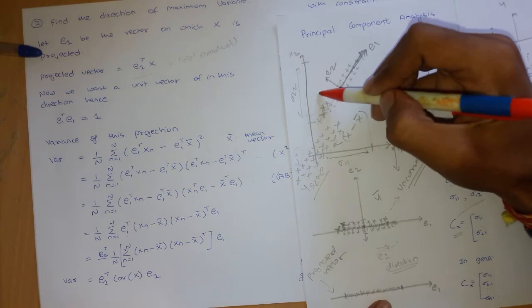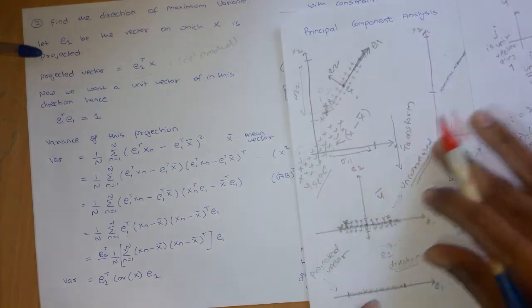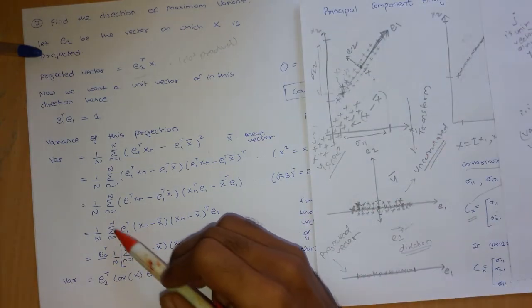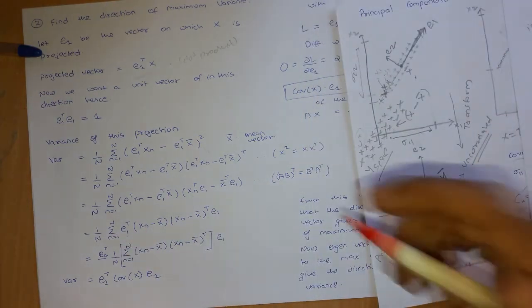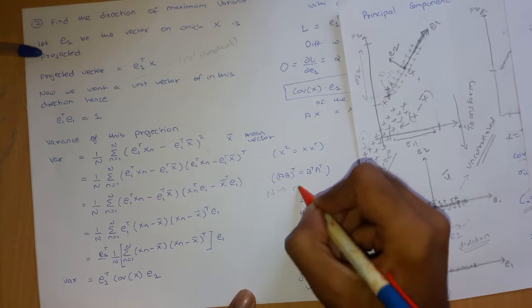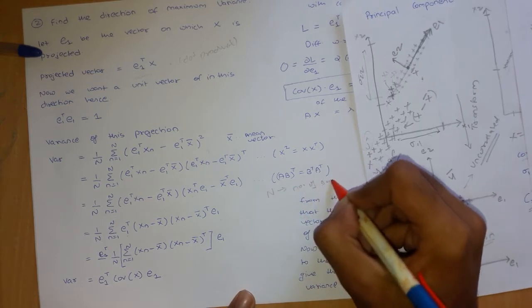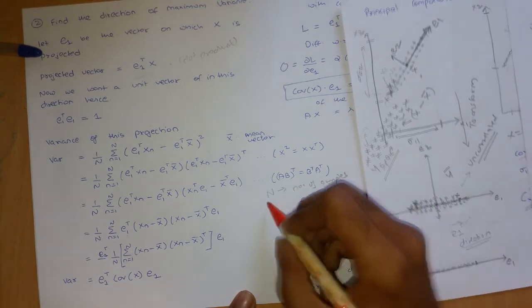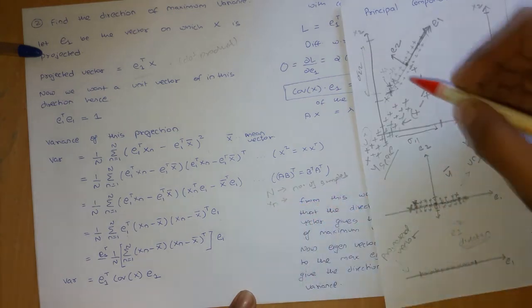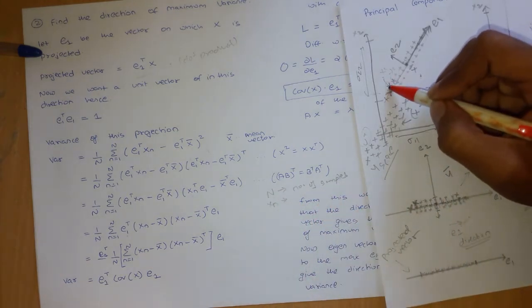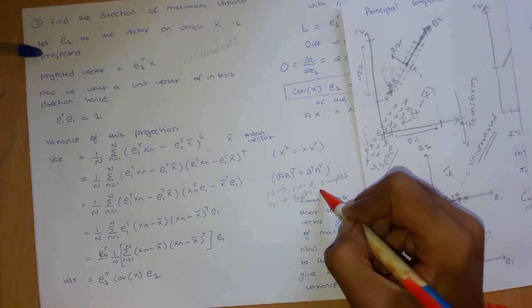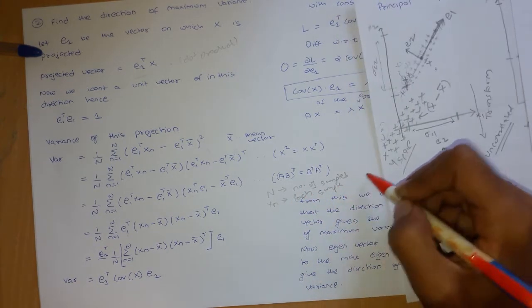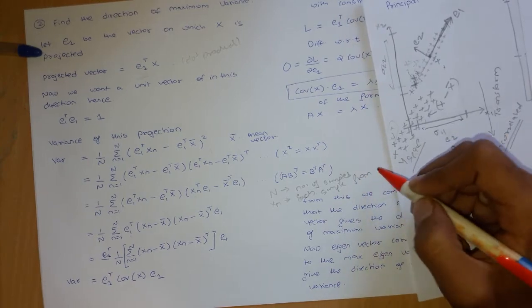So this will be x1, this will be x2 and so on, from n equal to 1 to N. So capital N is the number of samples, I did not mention that. And xn is basically each sample, from the set of samples.